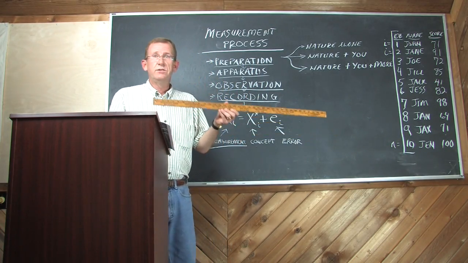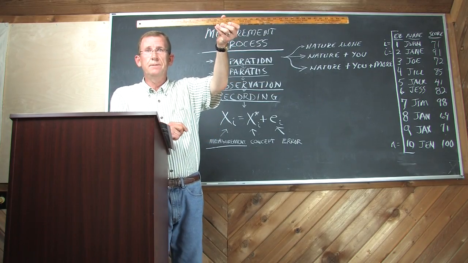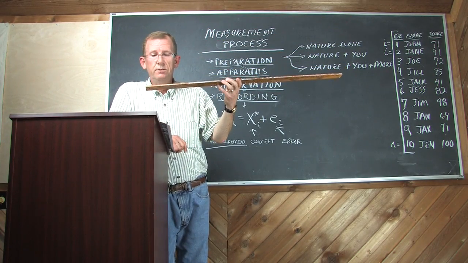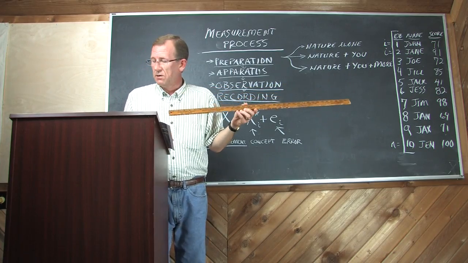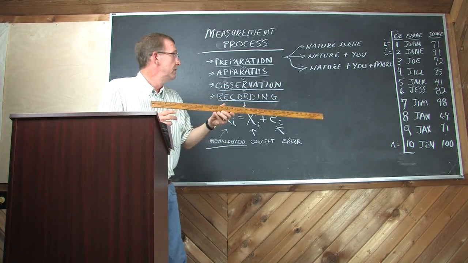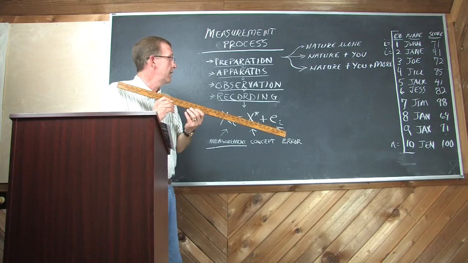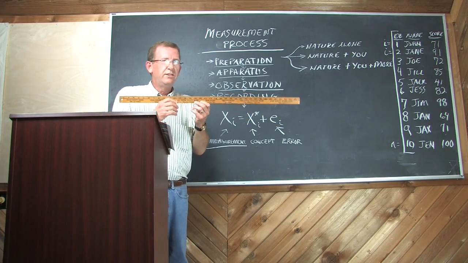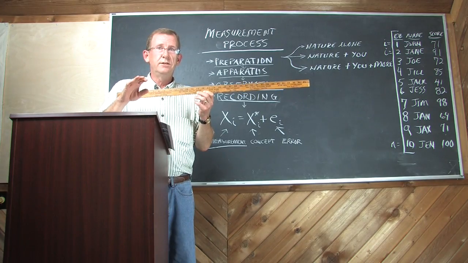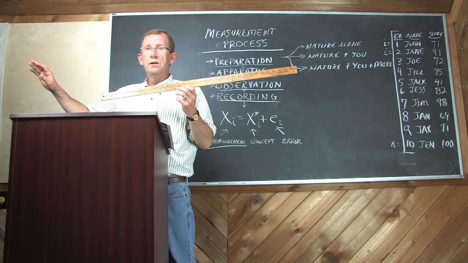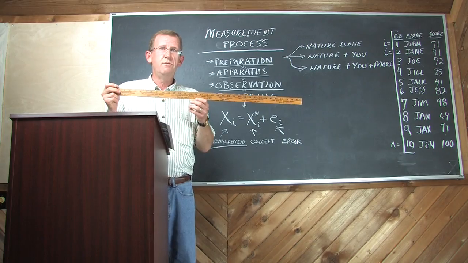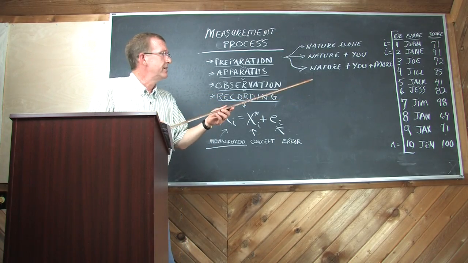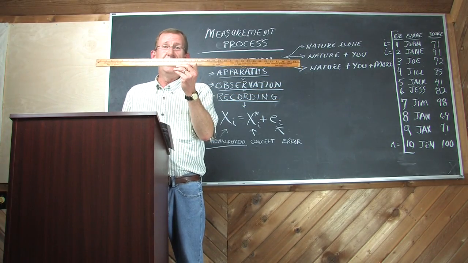Thinking of redundant measures, this is a yardstick, right? So it's supposed to be 3 feet long. It's early August here in Alabama, and it's quite humid outside. There is an enormous temperature differential in the morning from the temperature in the afternoon, and also humidity. All those things change the length of this.